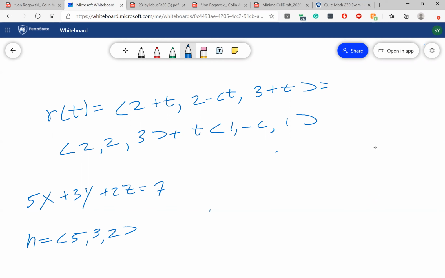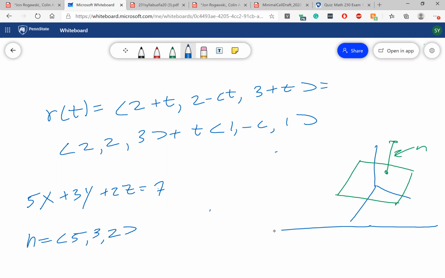So in our picture, here's our plane, and it has its normal vector n. And then we have this line over here. If the line does something like this, then it will not intersect our plane.